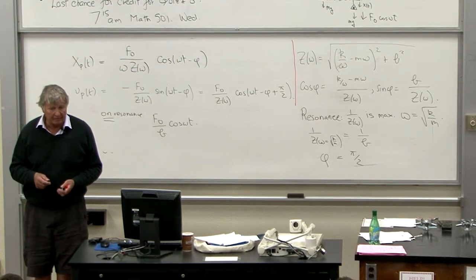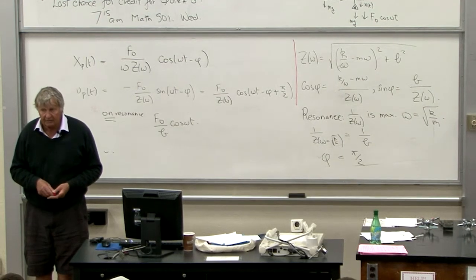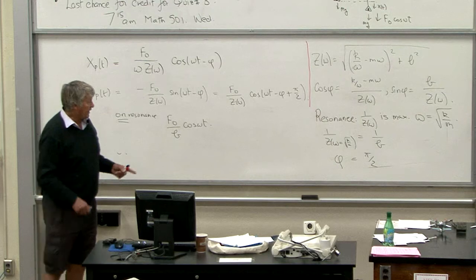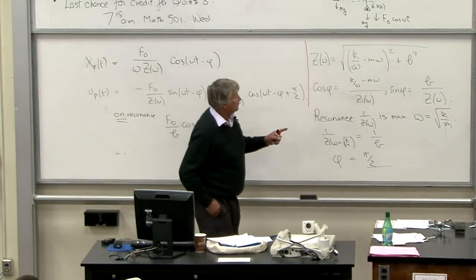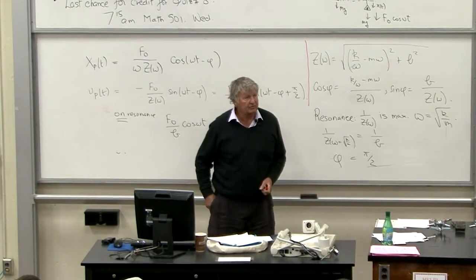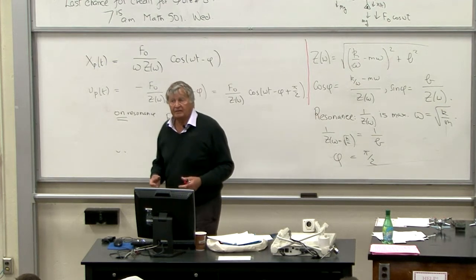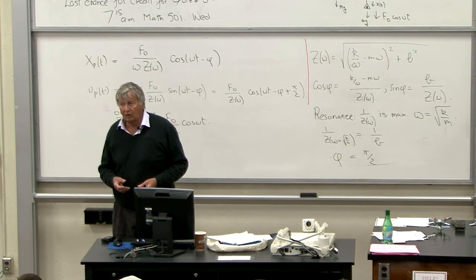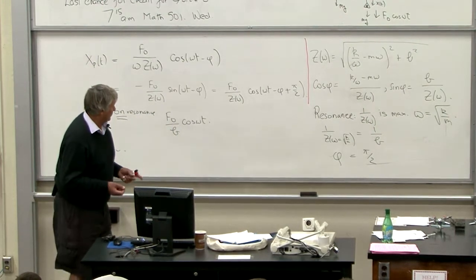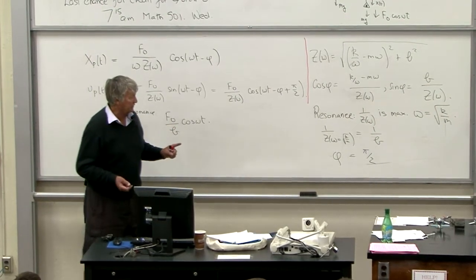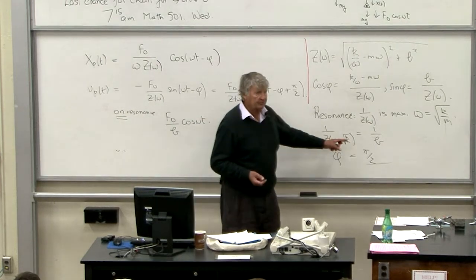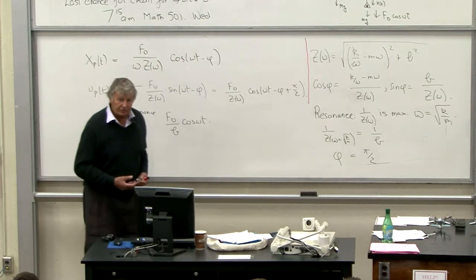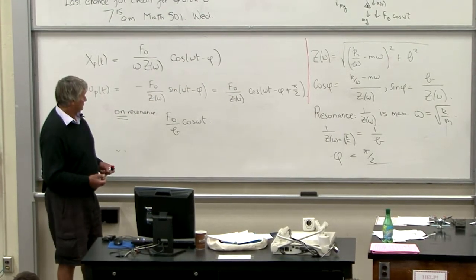The solutions will be cos root k over m t and sine root k over m t. So root k over m is simply the natural frequency of the undamped oscillator. Omega is the forcing frequency. When the forcing frequency is equal to the frequency of the undamped oscillator, I'll come to your question in a minute, then we get the largest response in the system.